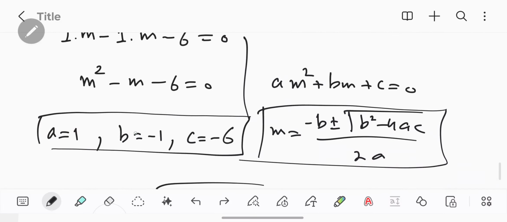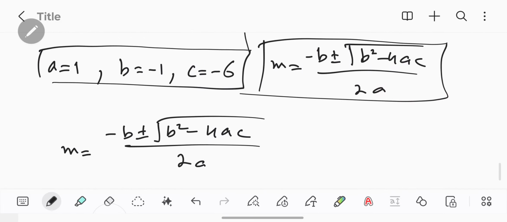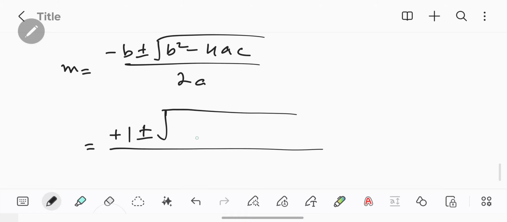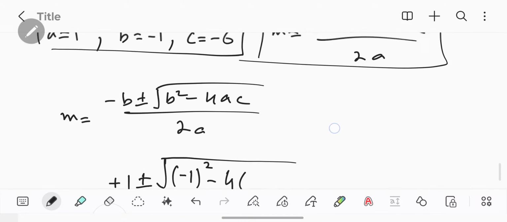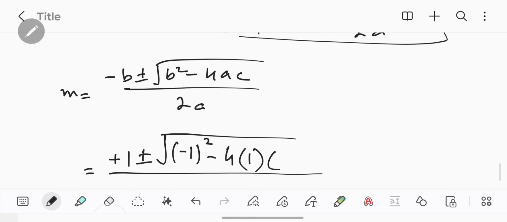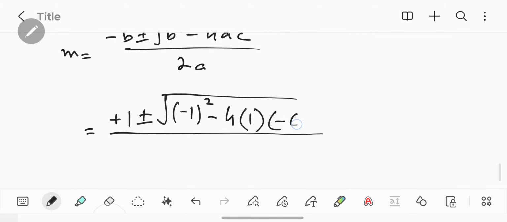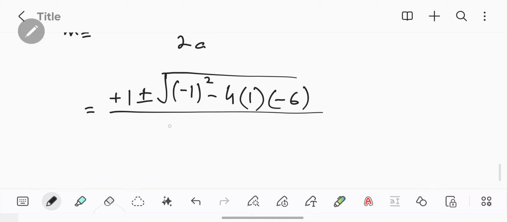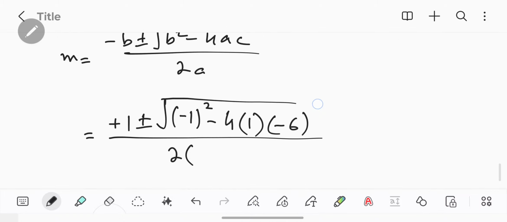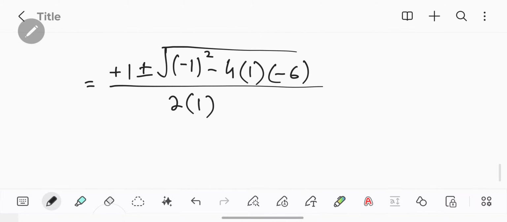Since b is minus 1, b square will be plus 1, I mean minus 1 square is plus 1. Then I will write minus 4ac, minus 4 times a is 1, c is minus 6, divided by 2a, where the value of a is again 1.